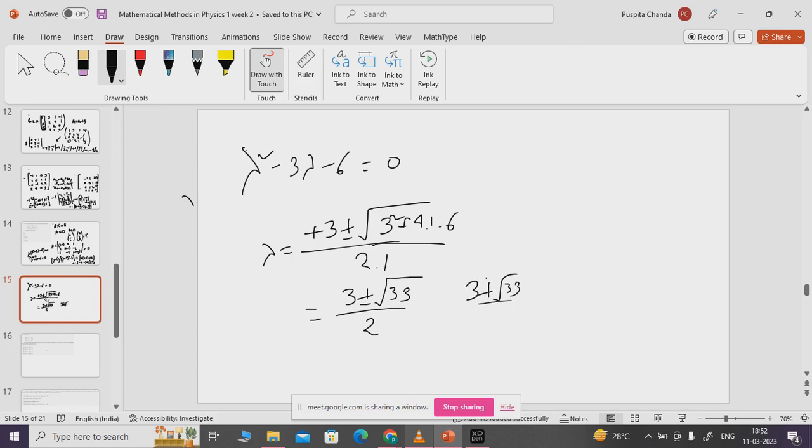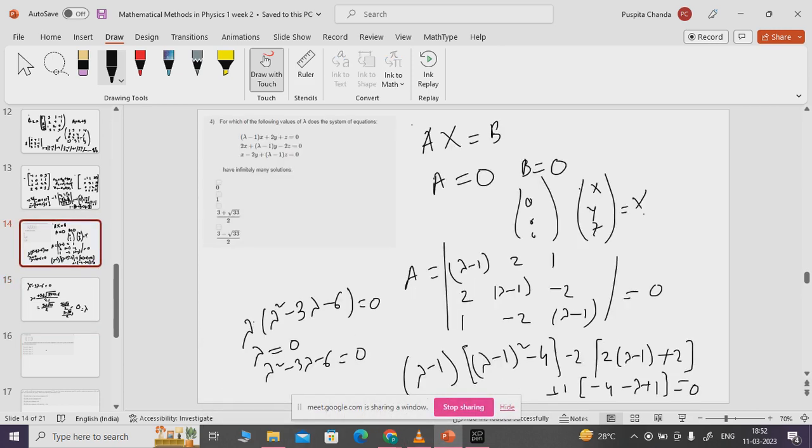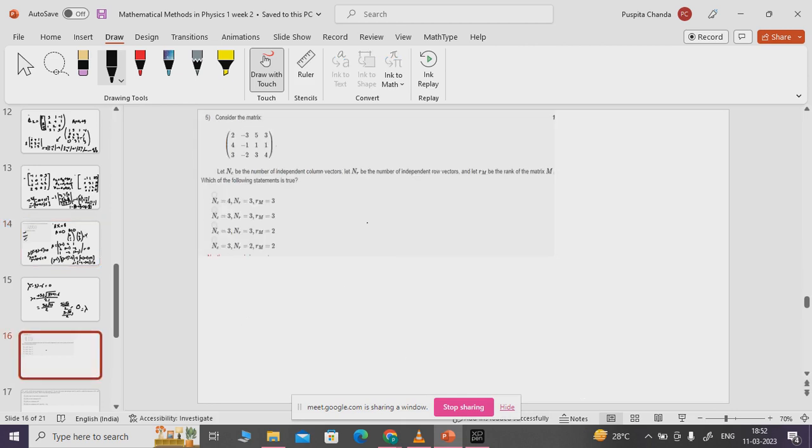So one answer is (3 plus root 33) by 2, another is (3 minus root 33) by 2, and another is 0. So for these three values of lambda, the system will have infinitely many solutions. So the right solution is 0, this and this.